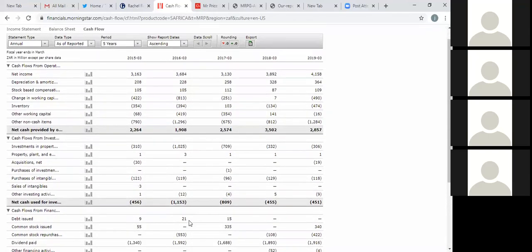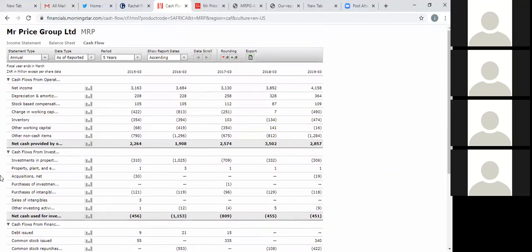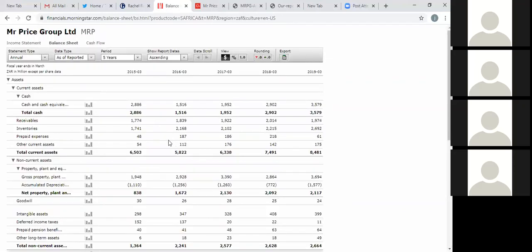If you look at 2016, you see there was a big jump in their inventory from 2015 to 2016. There was a huge jump compared to other years, which means they were increasing stores, opening new stores and buying new stock or something like that.